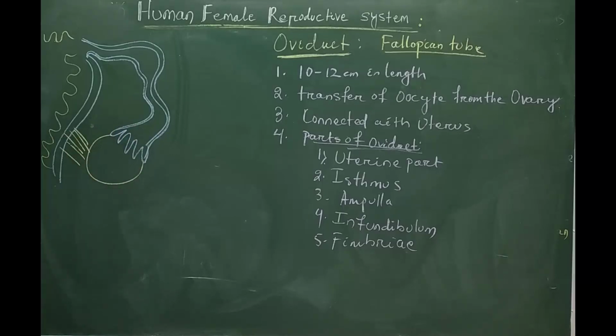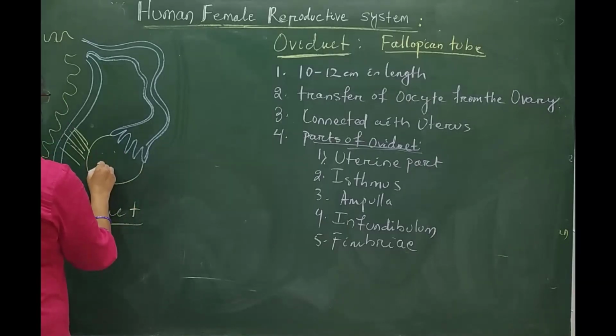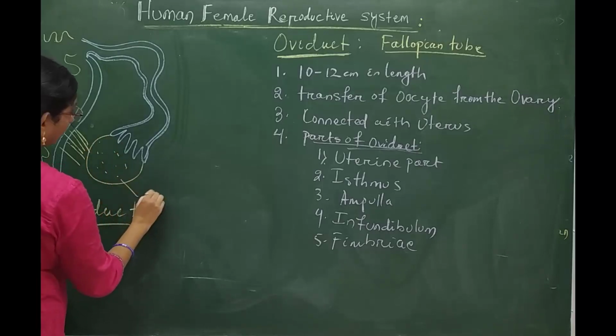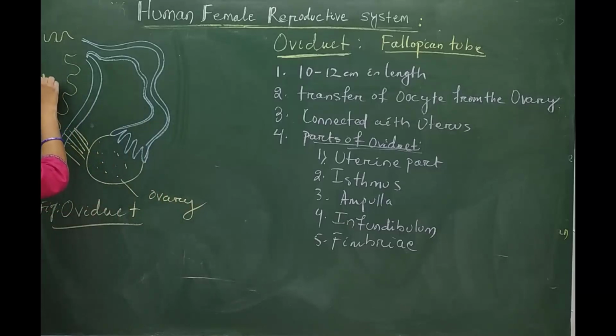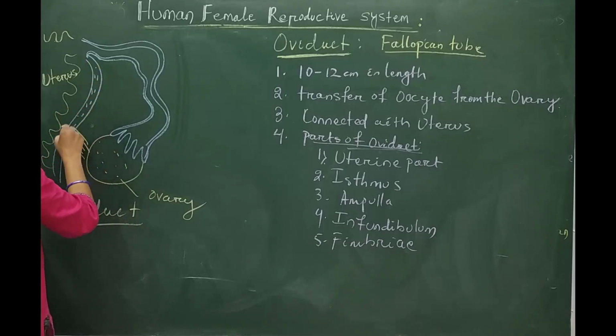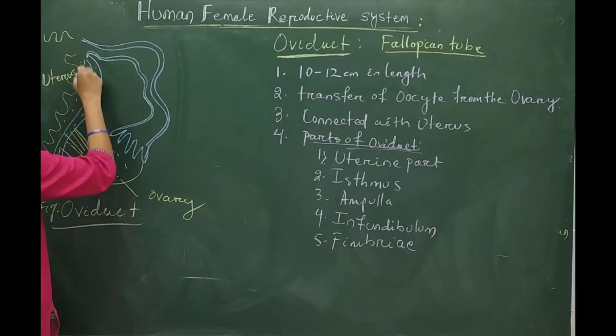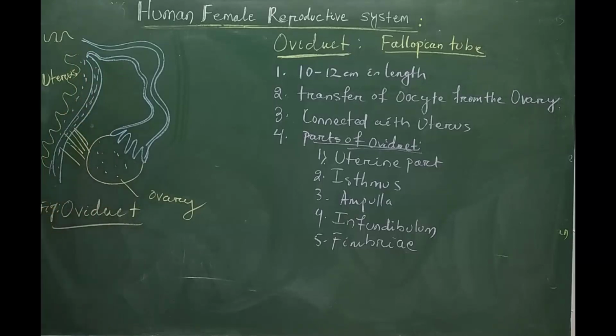Here it is the ovary, and the uterus, and these are the parts of the endometrium, myometrium and perimetrium, or you may call it the uterine wall.